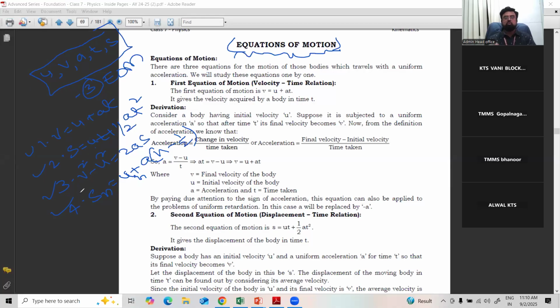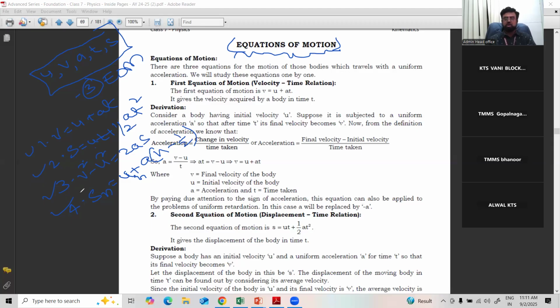So equations of motion, number one, V is equal to U plus AT. Second one, S is equal to UT plus 1 by 2 AT square. Third one, V square minus U square is equal to 2AS. And fourth one, Sn is equal to Un plus A into N minus 1 by 2.